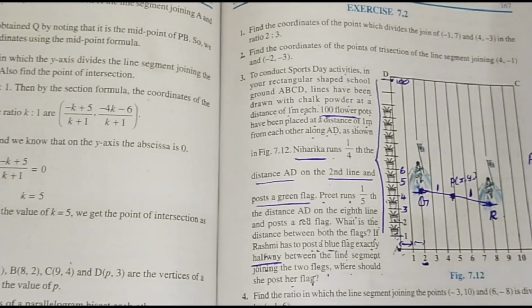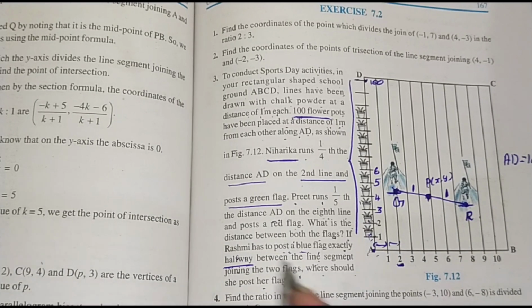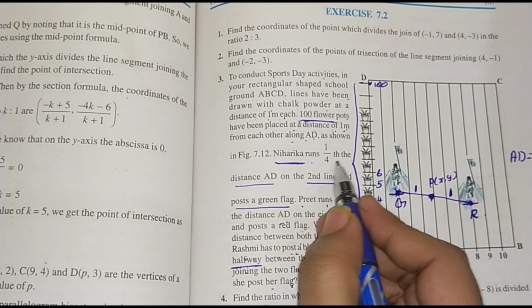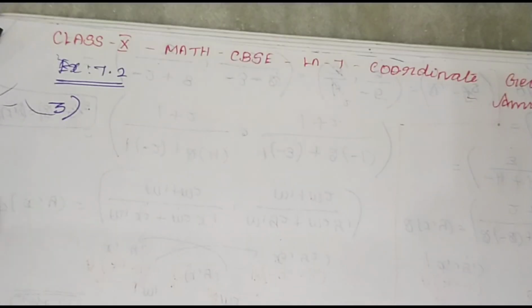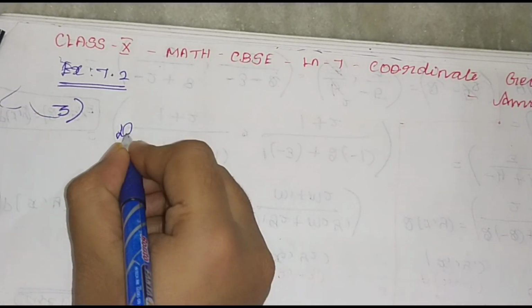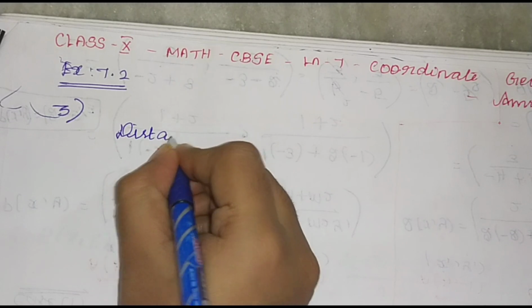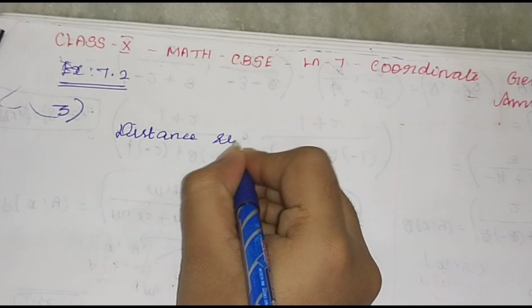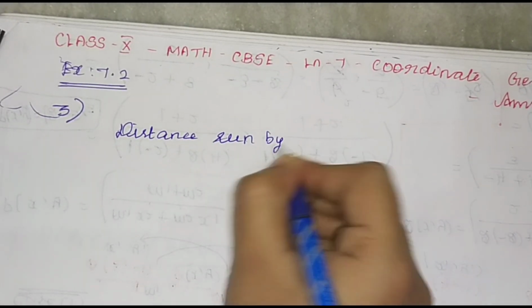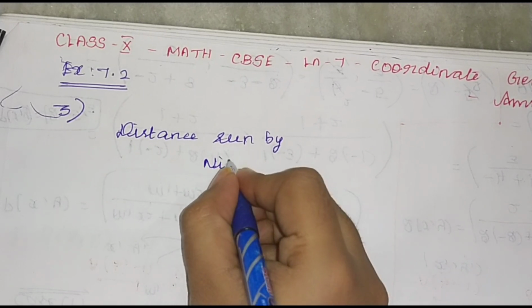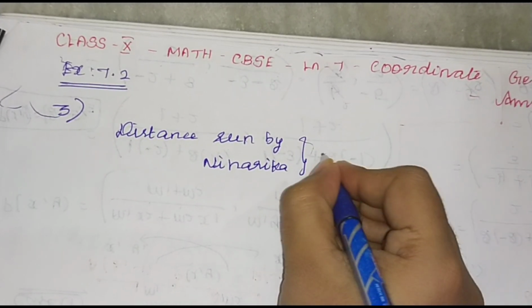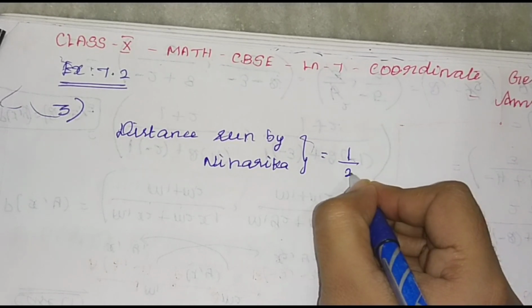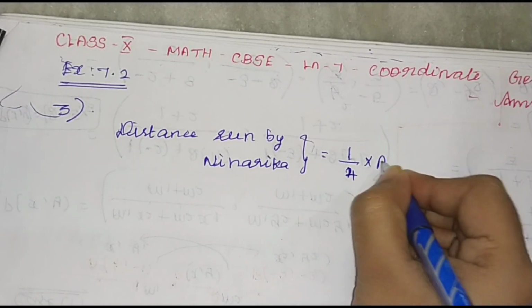In this question they are given that Niharika runs 1/4 of the distance AD. So first we find the distance run by Niharika, which equals 1/4 of the distance AD.